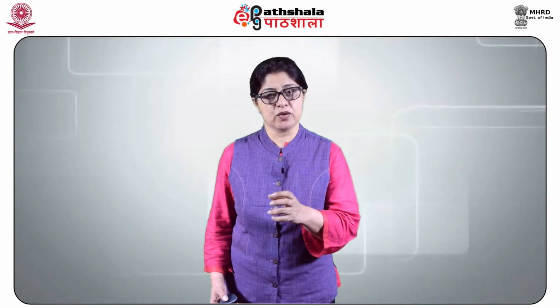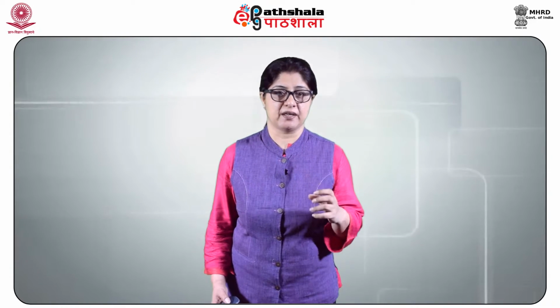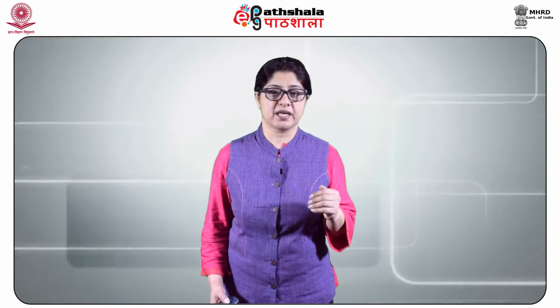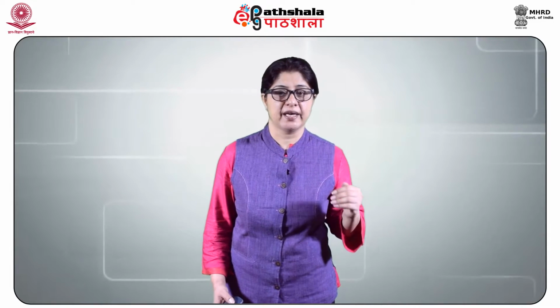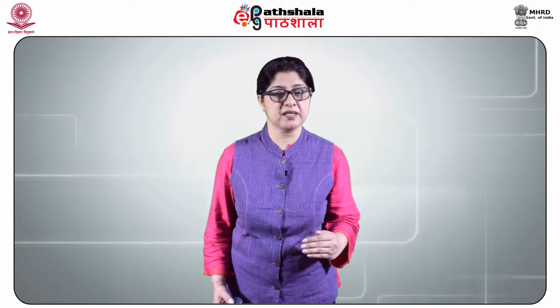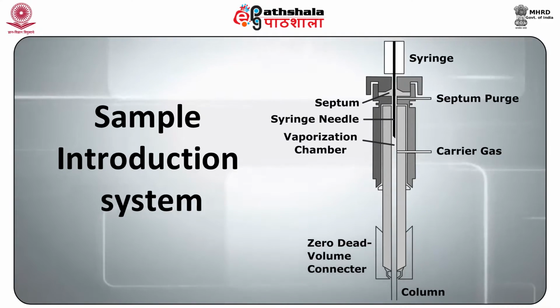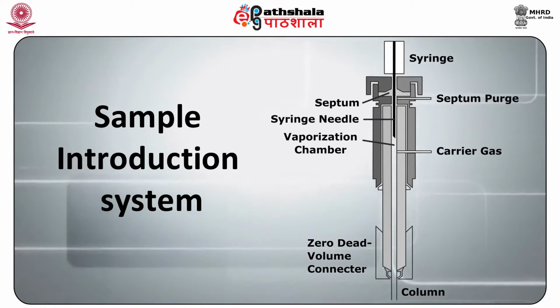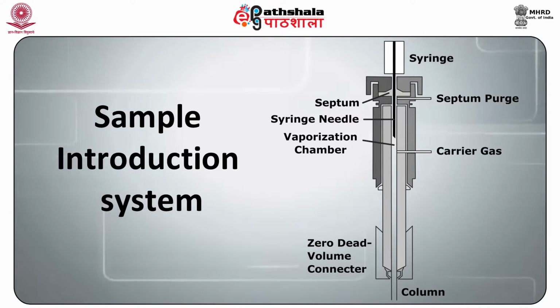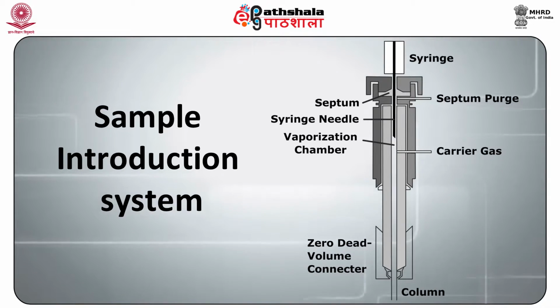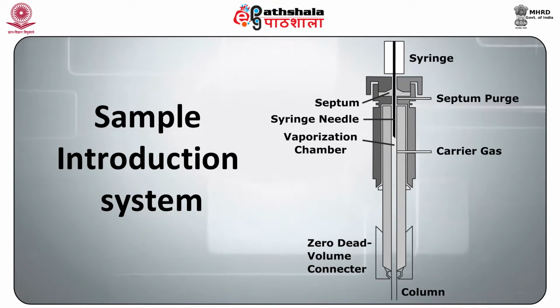Sample introduction system. The sample introduction system is very vital as a very small amount of the sample is injected into the column. The system must introduce a sample in a reproducible manner and must vaporize it instantaneously so that the sample will enter the column as a single plug. Liquid samples are commonly introduced by hypodermic syringe through a self-sealing rubber septum to a small inlet chamber which may be heated to cause flash evaporation.